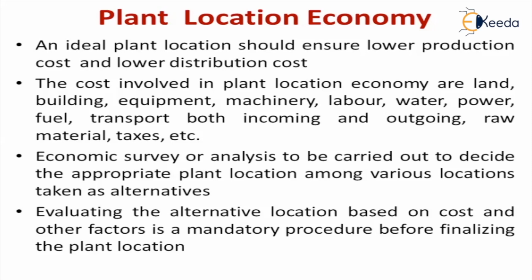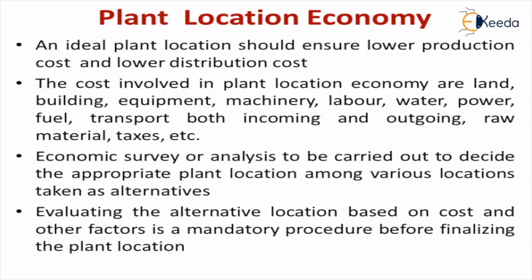So the costs involved for any plant location economy are land cost, building cost, equipment, machinery, labor, water, power, fuel, transport, both incoming and outgoing. It means raw materials which are going to come in and the finished product that is going to go out. Then raw material cost, taxes in the particular place, etc. All these are calculated for establishing a plant in a particular location.